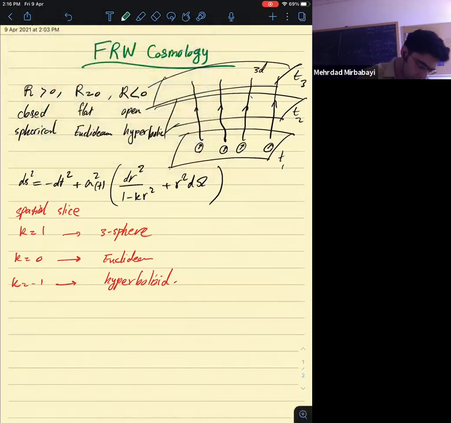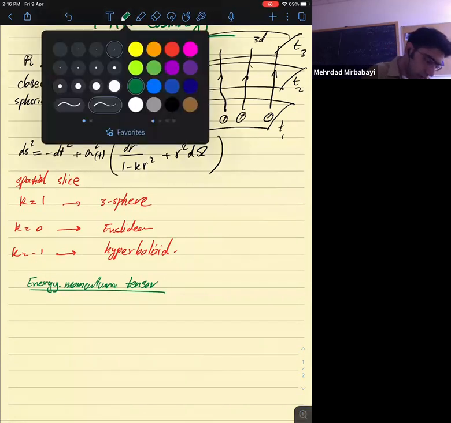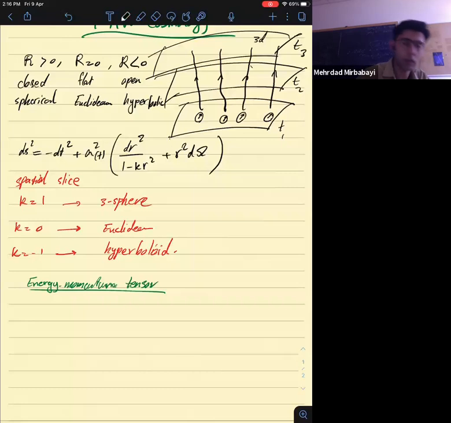So now for the energy momentum tensor, what is the form of the energy momentum tensor under this assumption of homogeneity and isotropy?